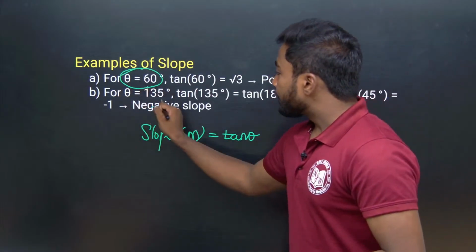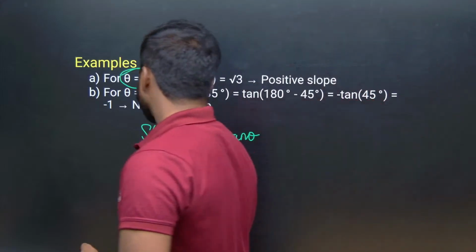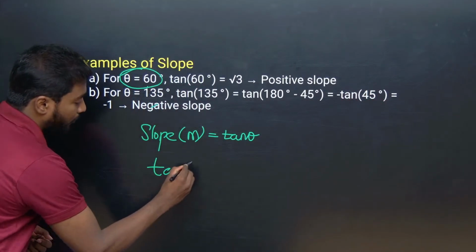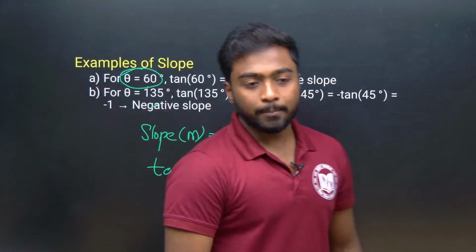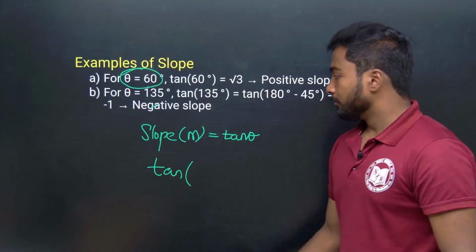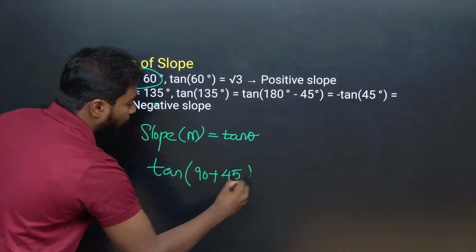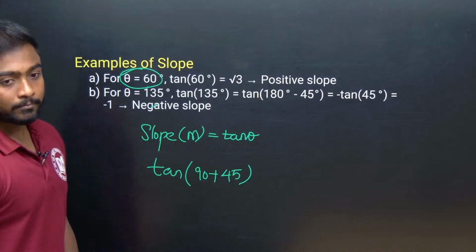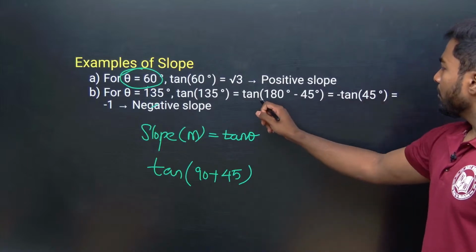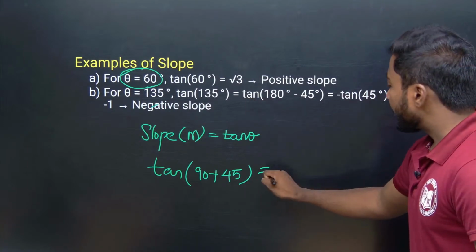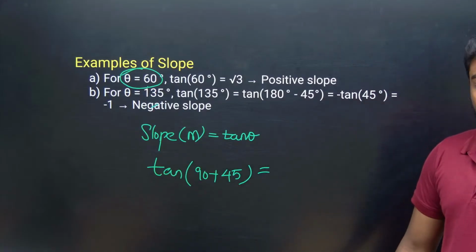Now 135, tan 135, how can I write it in trigonometry? Tan of 135 is 90 plus 45, right? So I can say it is 90 plus 45 or 180 minus 45, in both ways.